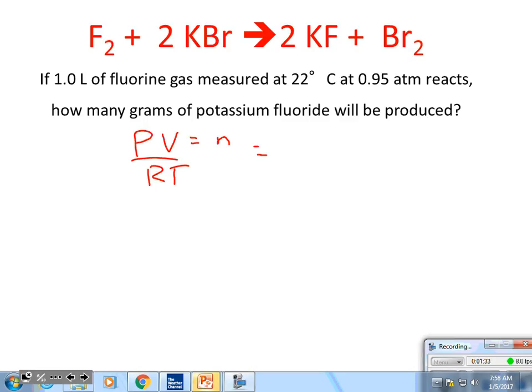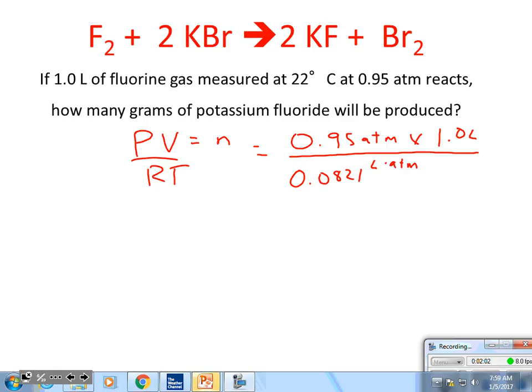So I take my pressure, which is 0.95 atm. I take my volume, which is 1 liter, and I divide that by R, which is the constant. My labels: liters times atmospheres all over mole times Kelvin.